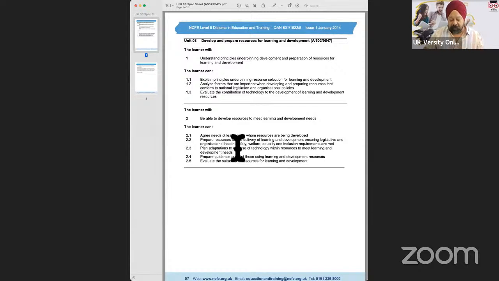If you wear the hat of someone designing or preparing resources, you would at some stage create a bit of a blueprint. That blueprint tends to be a program handbook or a course handbook, which will cover most of the details of the unit or the course being prepared or designed. So this would be the design phase.